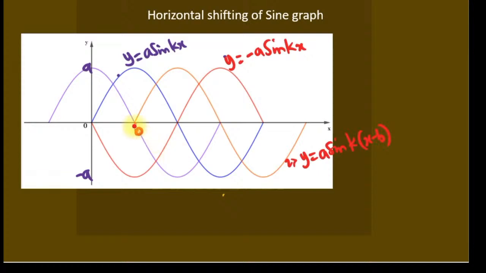But if I shift it to the left, b units, here is now minus b. This graph will be y equal to a sine k bracket x plus b.